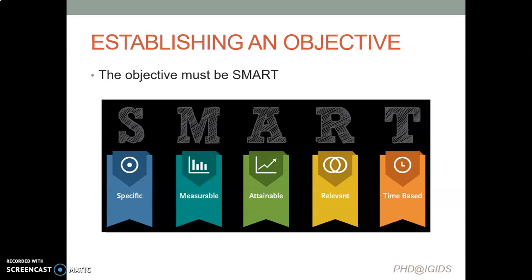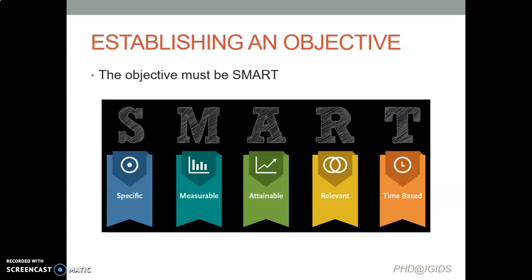For example, if you are planning to conduct a survey to know the dental caries experience of 12-year-old school children in Nellikudi. Suppose you want to know the caries prevalence in 12-year-old school children in Nellikudi. That is an objective. It is specific because you are dealing with the prevalence of dental caries in a 12-year-old school population.